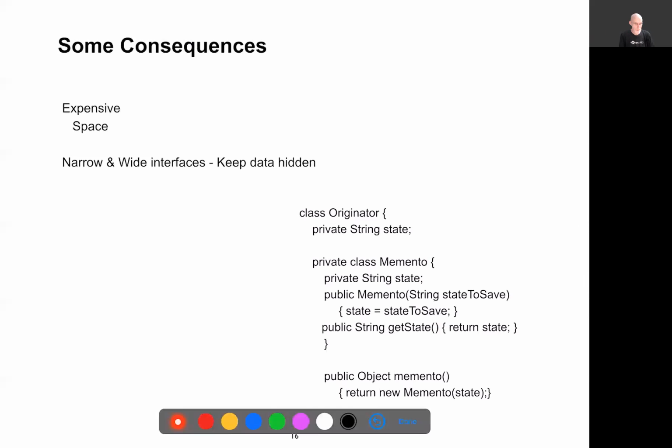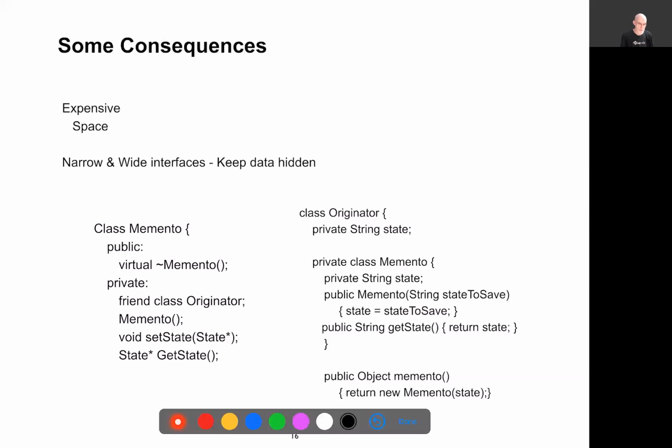So one way of doing that is to make it a private class inside the originator, which means it's the only one that can access fields on it.